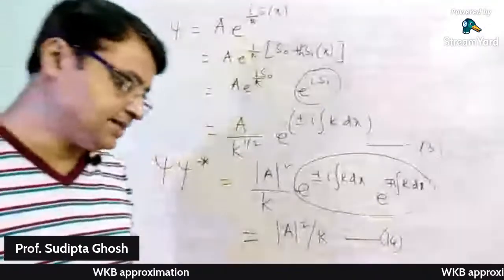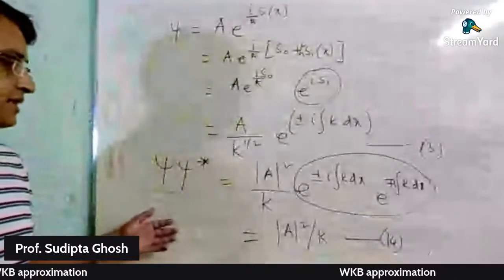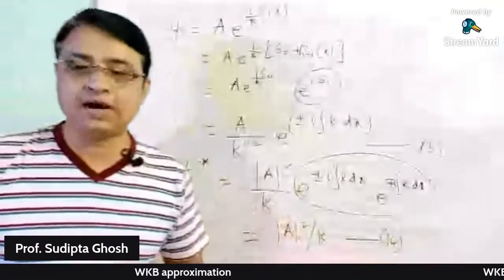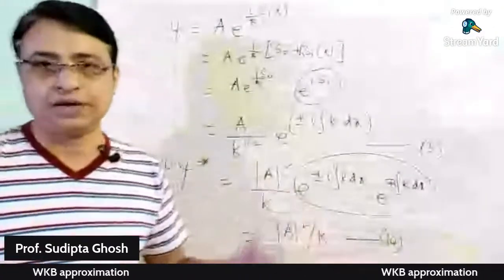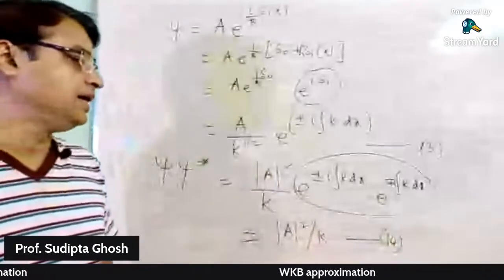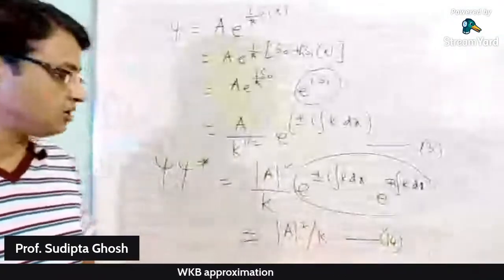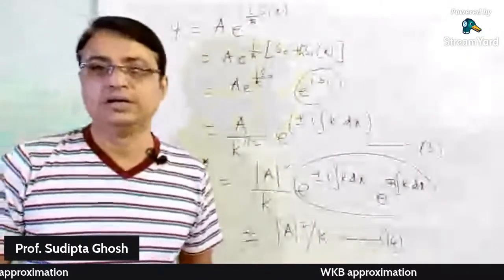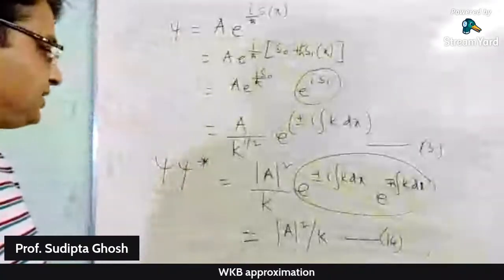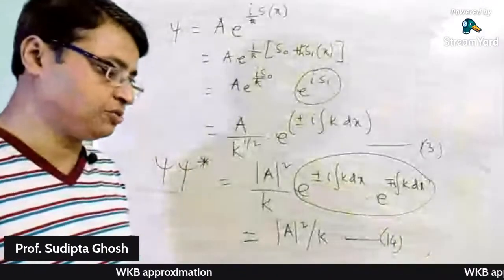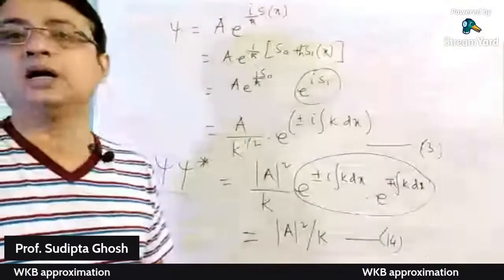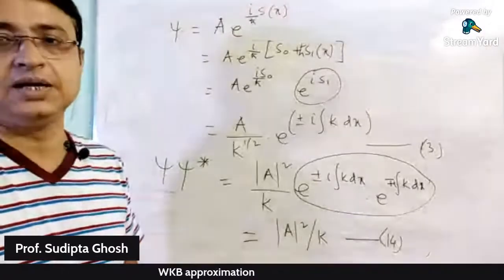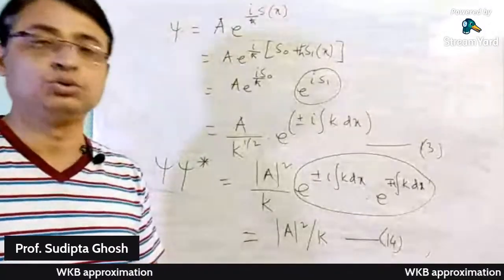So this probability density, psi star psi, is actually inversely proportional to the velocity term, because as we know from de Broglie's theory that P equals h cut k. So here we can conclude that this probability density is inversely proportional to the velocity.